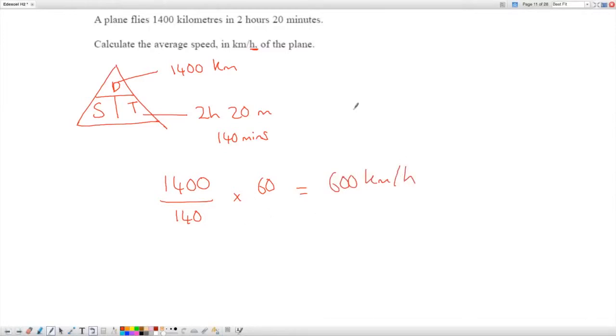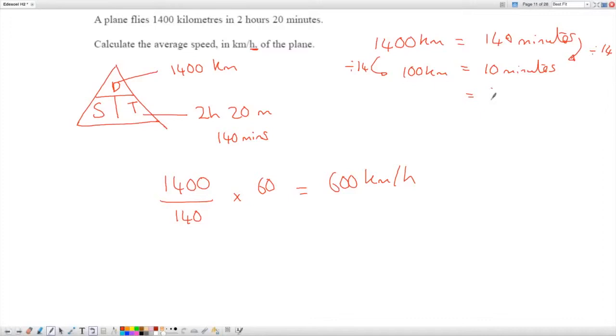You might want to look at it proportionally as well. So we can see here that we can do this amount in 140 minutes. How much can we do in 10 minutes? Okay, and the numbers work out nicely here. We can divide through by 14, divide through here by 14, and we've got 100 kilometres in 10 minutes.